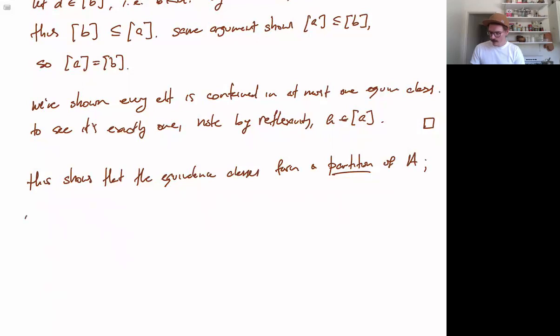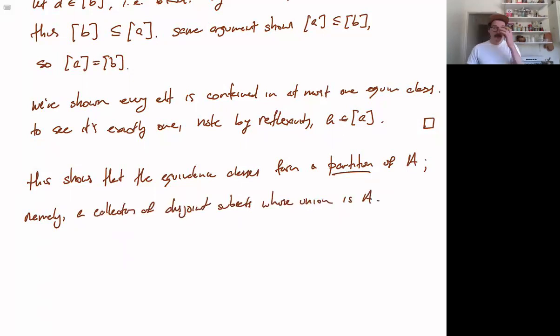What is a partition? A partition is a collection of disjoint subsets whose union is the whole set. So a partition essentially means that you have split your set up into disjoint subsets.